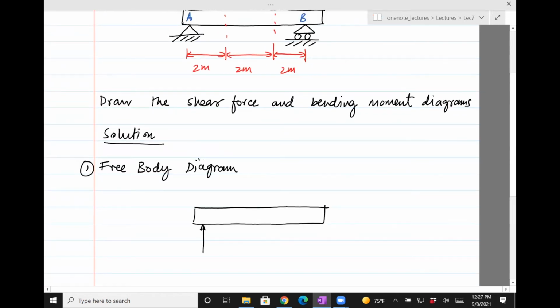So we have a pin joint on the left, so it would have a vertical force at A, and the convention is this is X, horizontal, Y is upwards, and we have a horizontal force at A, and then we have only a vertical force at B. Then 15, okay, and 6, I'll not put the units, because it's just going to be cluttered, so I'll just skip the units now.